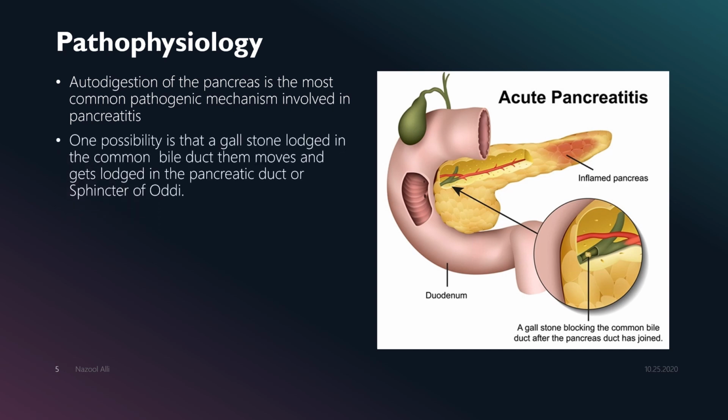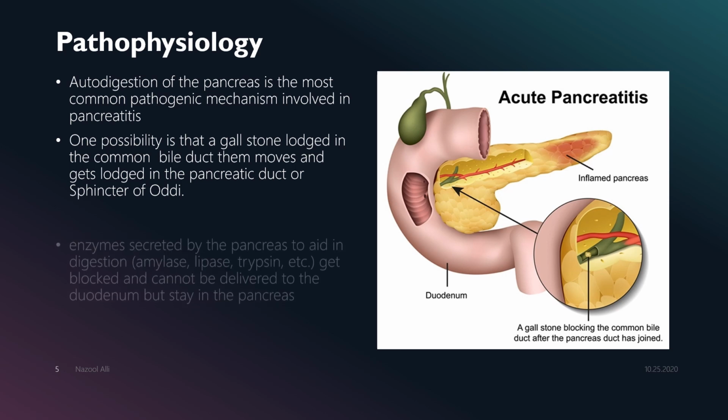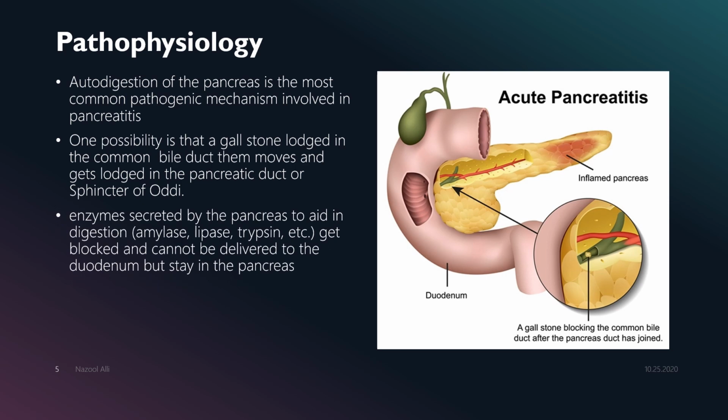We looked at gallstones in the previous slide, and we said that once a gallstone gets lodged in the common bile duct and then moves and gets lodged into the pancreatic duct or even at the sphincter of Oddi, what is now going to happen is the enzymes secreted by the pancreas to help with chemical digestion of food, remember those enzymes are amylase, lipase, trypsin, are going to get blocked, and so they cannot get delivered into the duodenum.